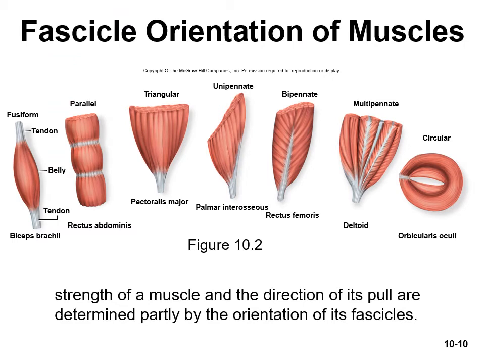So the fascicle orientation of the muscle organs. Looking at muscles as an organ now, different muscles have different orientations of those fascicles, or different orientations of the muscle cells inside the fascicles. This can result in different shapes and different looks, and it can also partly determine the strength of a muscle and the direction of its pull.